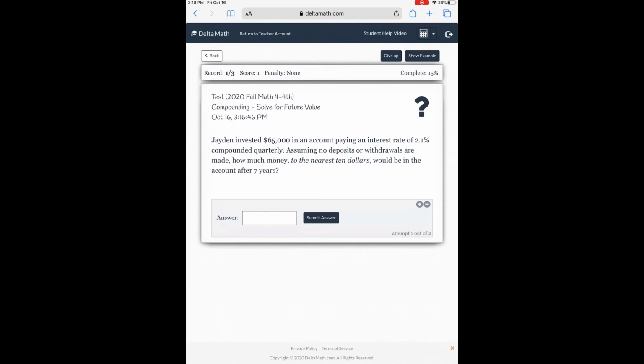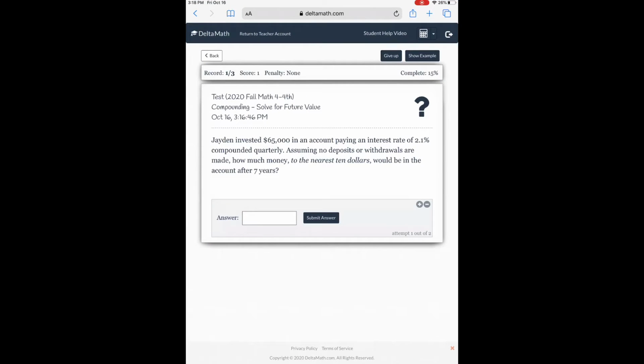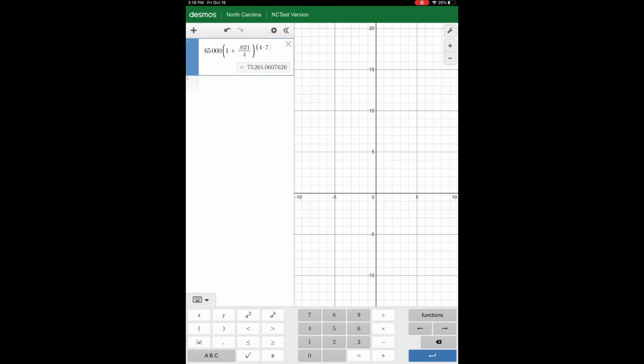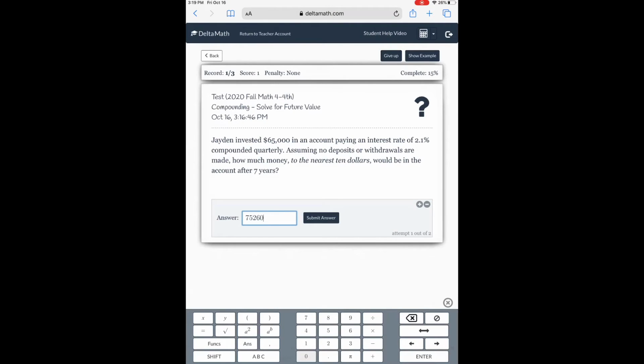And again, I think that one said to round it to the nearest $10. So if I round this to the nearest $10, 75,264, the nearest $10 is going to be my 6, so that's going to round down to 60. So 75,260.